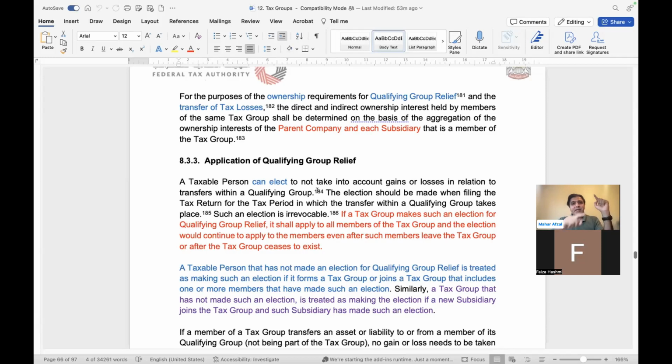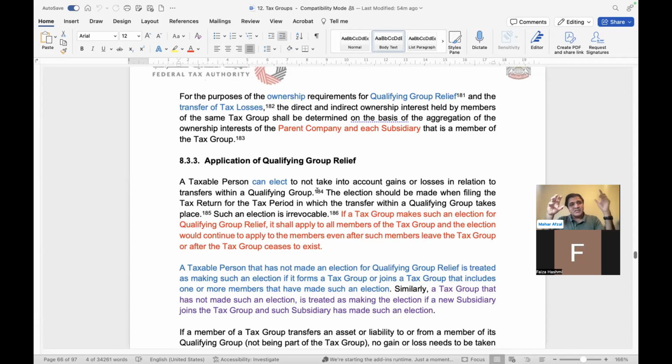So if A is transferring the losses to B, B can accept losses up to a maximum of 75% of its own taxable income. But all these conditions need to be satisfied, whatever we have discussed.